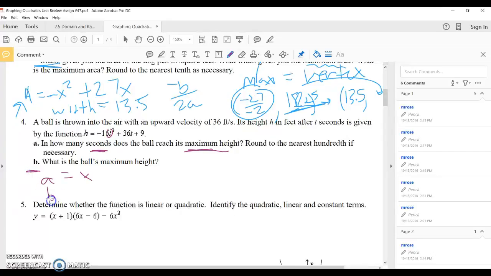Part B, it's going to be the ball's maximum height, which would be h. So this is going to be the y value of the vertex. So basically, I just need to find the x and y of my vertex. Again, it's negative b over 2a, so negative 36 divided by 2 times negative 16, which is negative 32. I don't know what crazy number that is.